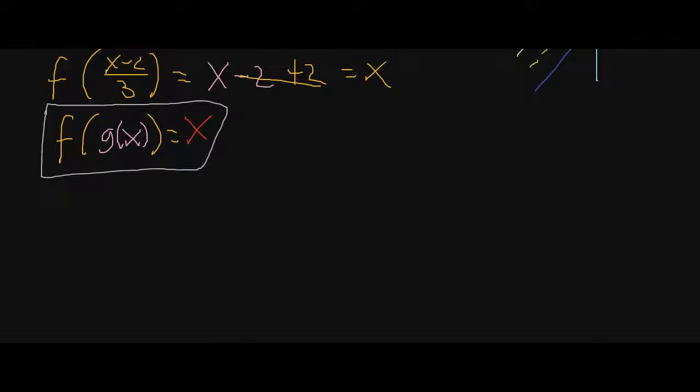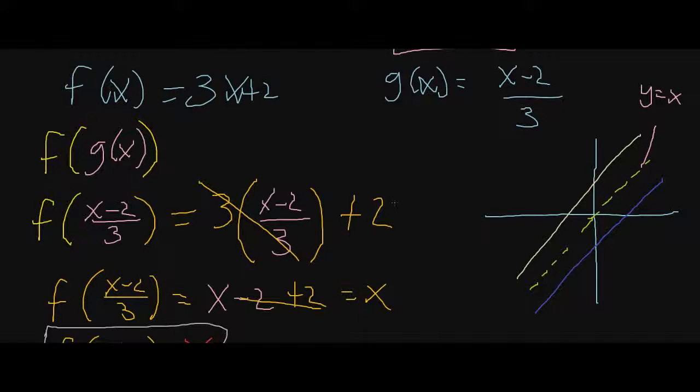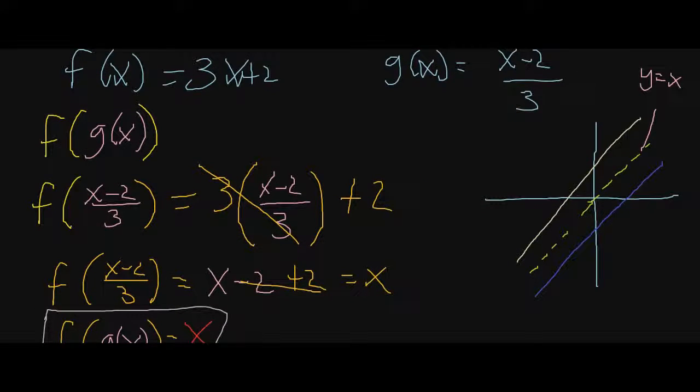Now the next thing we need to do is plug into g. We took this function and plugged it into f, so now we're going to take our other function and plug it into g.